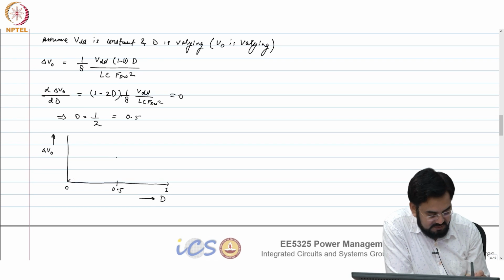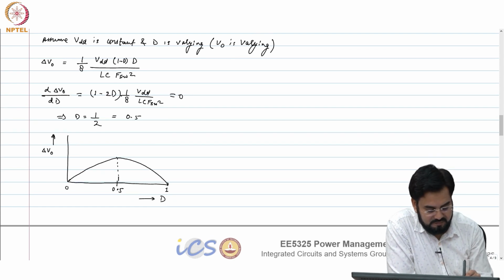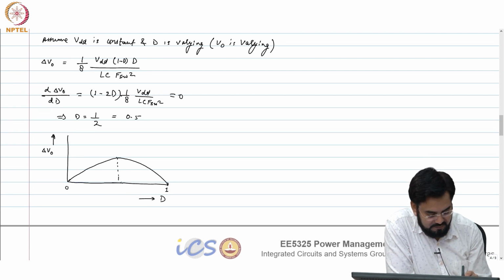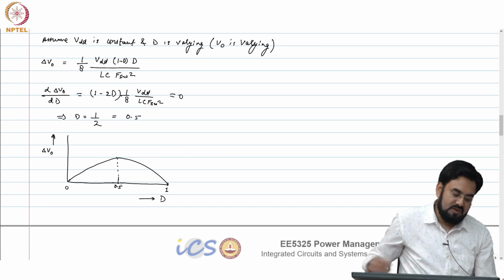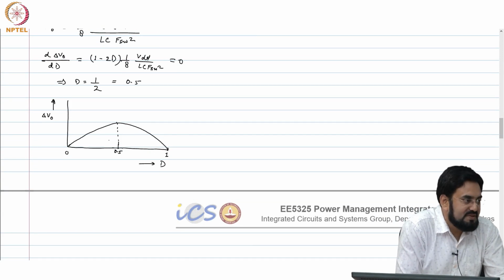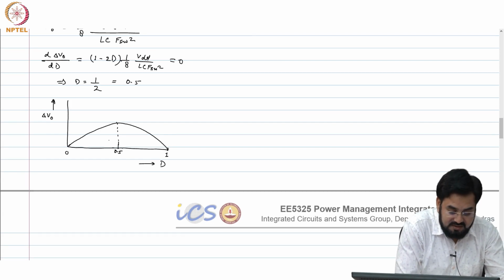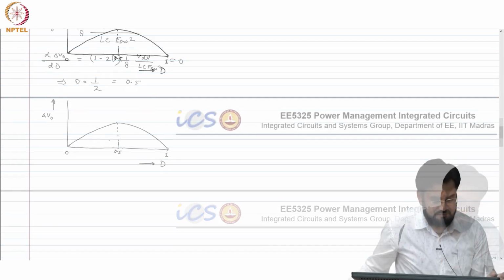So, this will be your maximum. Okay. At 0 and 1, ripple will be 0 because one of the switches will be permanently on, it will not be switching at all. So, that is why your ripple current and ripple voltage both are 0 there.